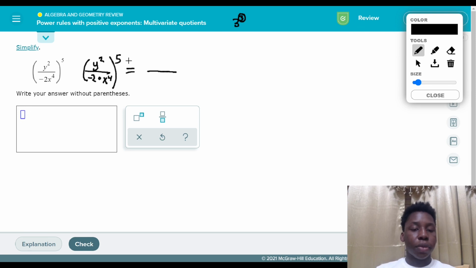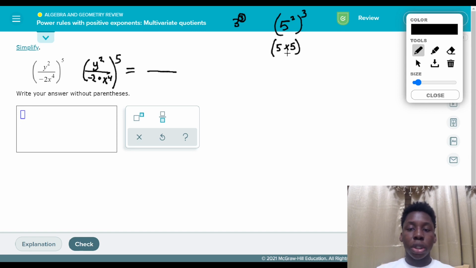And one thing I want to say is whenever you're dealing with any variable or number that has an exponent, let's say we have 5 squared, I'm using this as an example. Let's say we have 5 squared, right? And then this is also to the power 3. This means what is inside here is 5 times 5, which is 25, right?